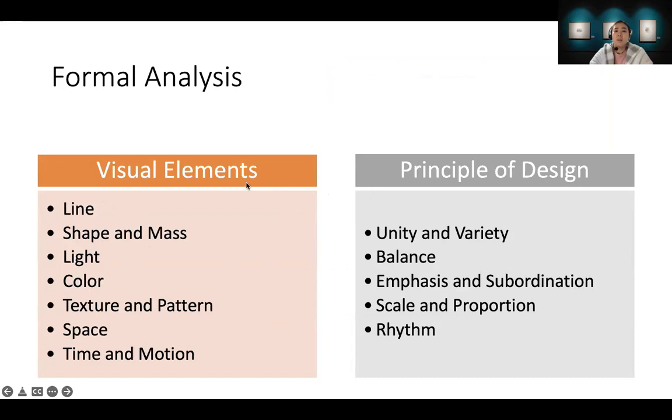Visual elements include line, shape and mass, light, color, texture and pattern, space, and time and motion. And the principles of design include unity and variety, balance, emphasis and subordination, scale and proportion, and rhythm.